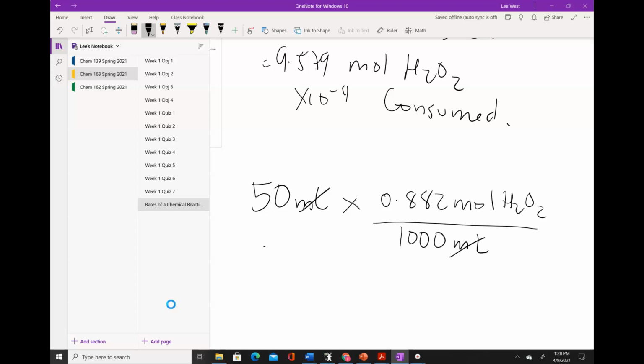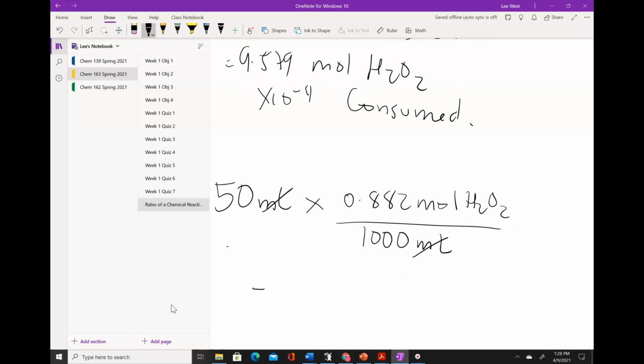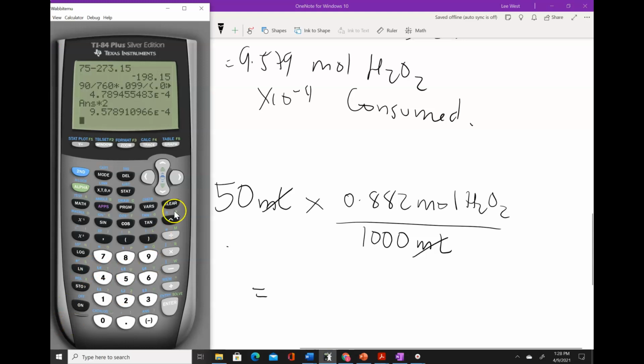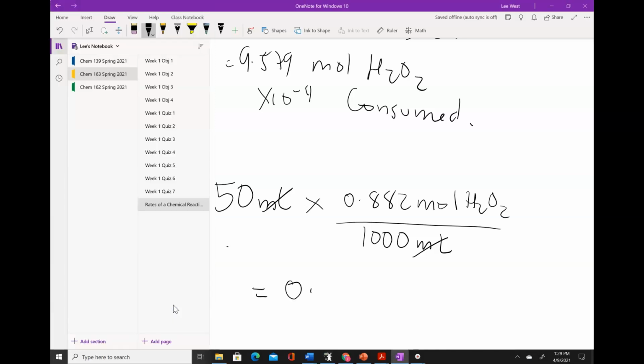You can see that that's going to work, isn't it? All right. So initially, I had 50 times 0.882 on 1,000. There we go. Initially, I had that many moles, 0.0441 moles. That's what I started with.